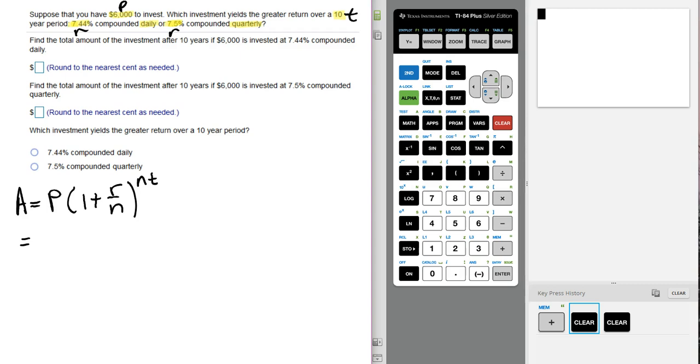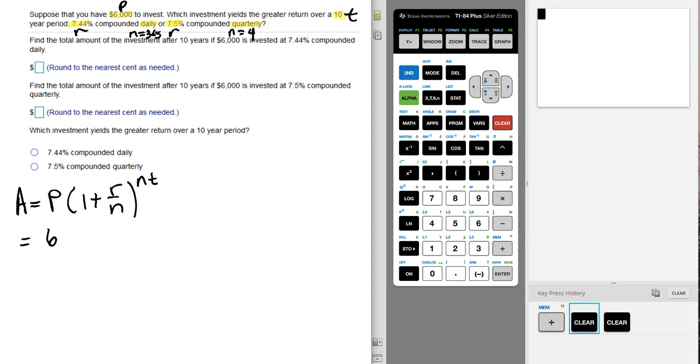And then it says it's compounded daily, and compounded daily will give us the value of n. n is the number of times in 1 year. So because it's daily, that'll be 365. And then the other one says quarterly, and that's going to be 4 times a year.